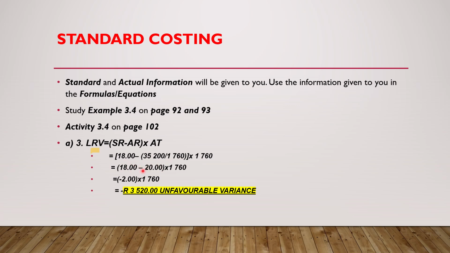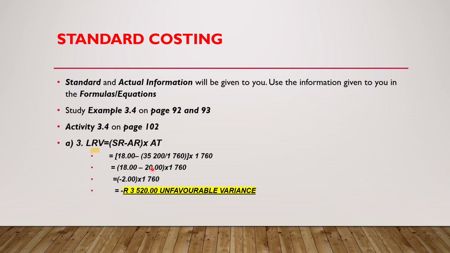Okay, so you can see from the brackets whether your answer is going to be favorable or unfavorable. So this is actual, this is standard. Actual is greater than standard. According to planning, per hour we're supposed to pay an employee 18 rand, but we actually paid per hour 20 rand, meaning we had to add 2 rand more, and it's not favorable for the business.